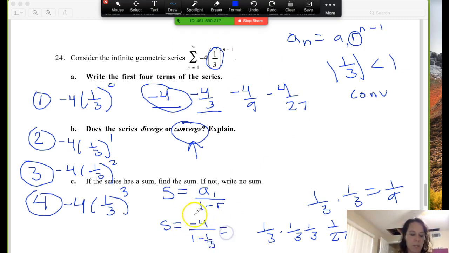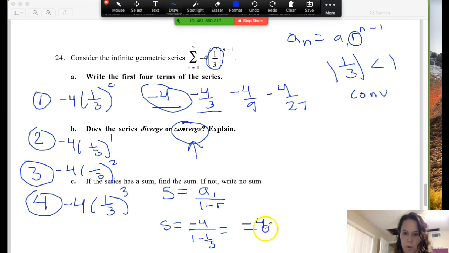Okay, so I'm just going to do this on a calculator. If I do 1 minus 1/3, and that's going to give me 2/3, but let's just go ahead and do that. So negative 4 over, this is 3/3 minus 1/3, which is 2/3.